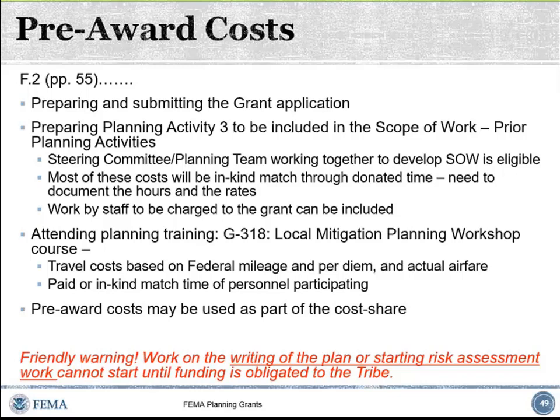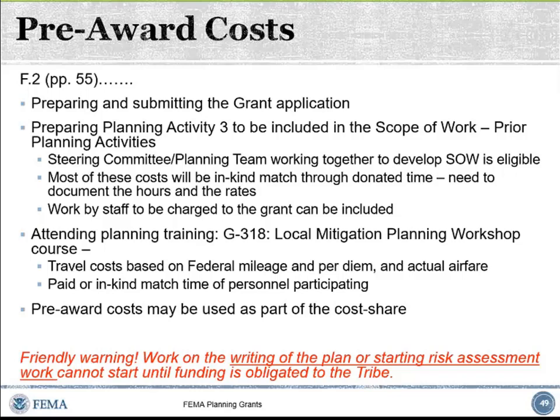So you're helping to write the scope of work. Those activities can be charged to the grant as a pre-award cost, as long as they occur after October 1 of 2018. Attending planning training, that's also an eligible pre-award cost.